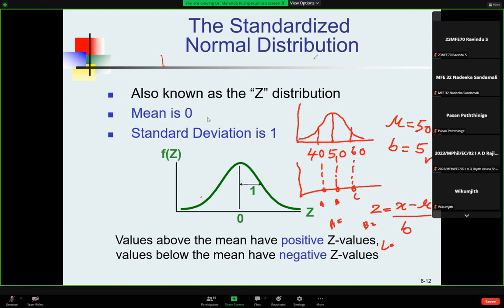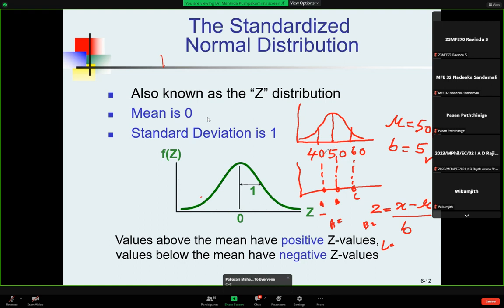Just send your answer. What is the Z value here? Yes, we received A is -2, B is 0. Yes.